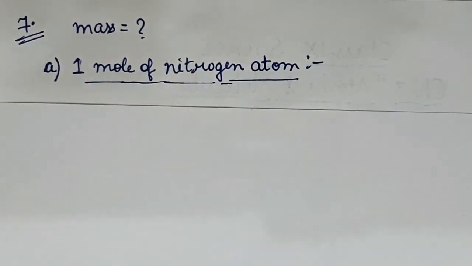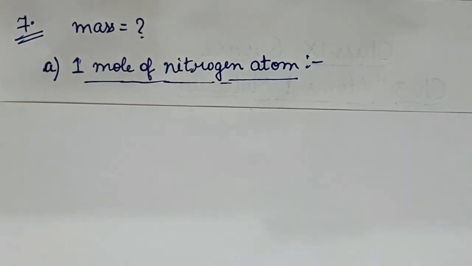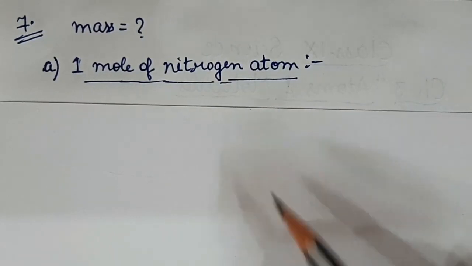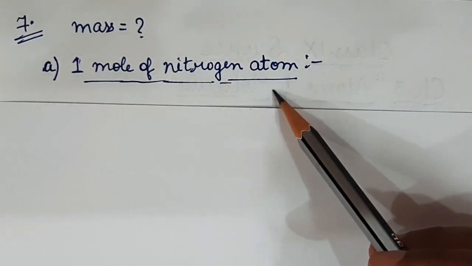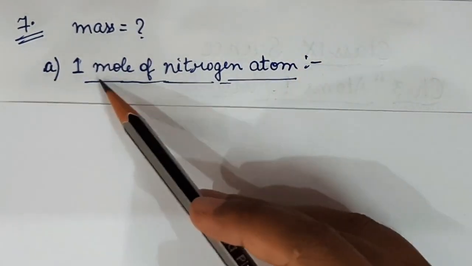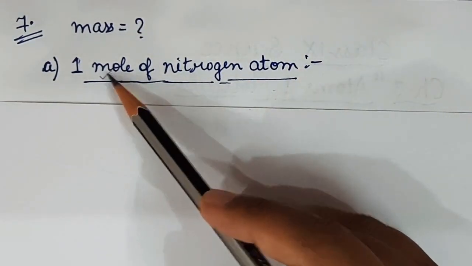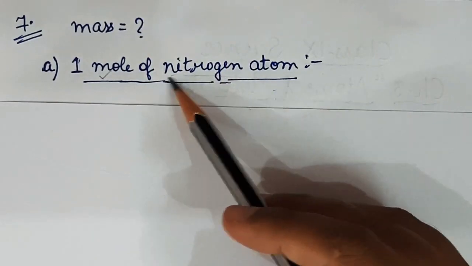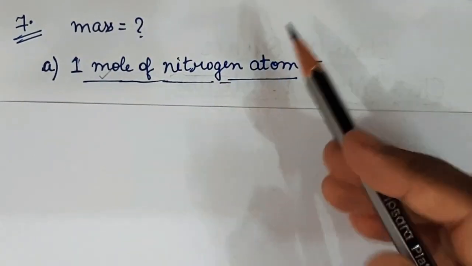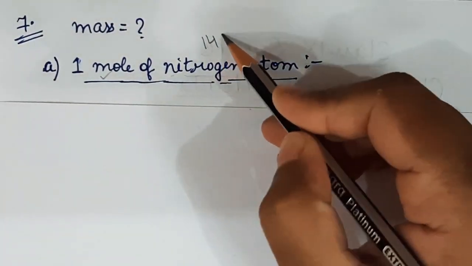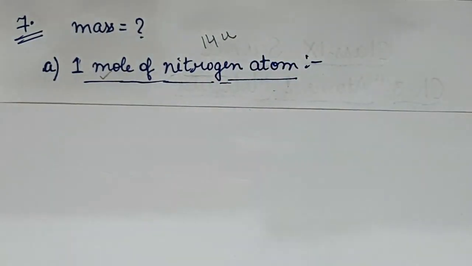Now coming to exercise question number 7. What is the mass of 1 mole of nitrogen atom? Number of moles are given, 1 mole. What is the molar mass of nitrogen atom? That is 14. Okay, so apply the formula.